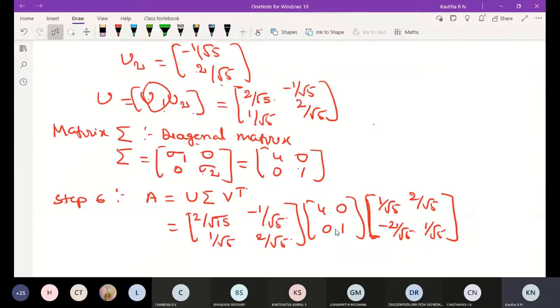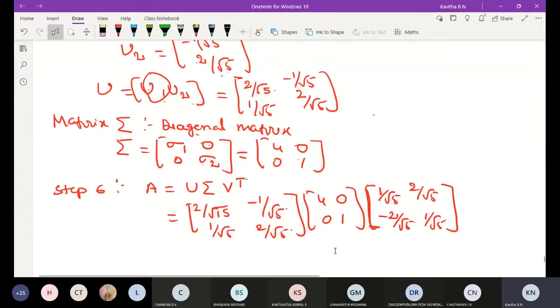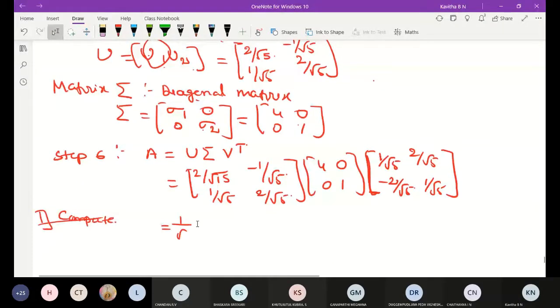Completed? You multiply and write the last answer, okay? Then take down the next problem. Compute. Chandan, the answer comes. I want to do this problem. Take down 1 by root 5, no?